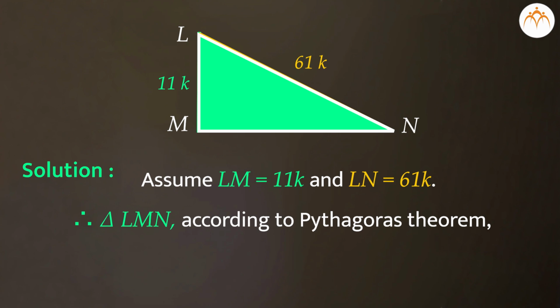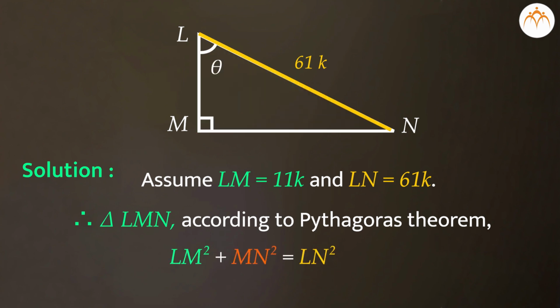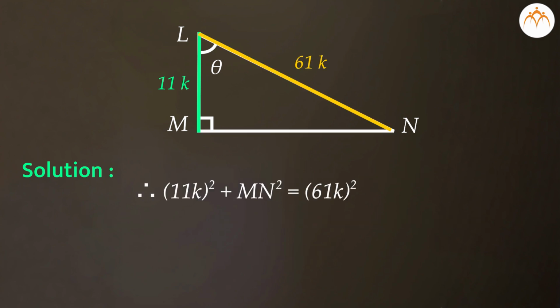Therefore, in triangle LMN, according to Pythagoras theorem, LM square plus MN square is equal to LN square. Therefore, 11k bracket square plus MN square is equal to 61k bracket square. Therefore, MN square is equal to 61k bracket square minus 11k bracket square.